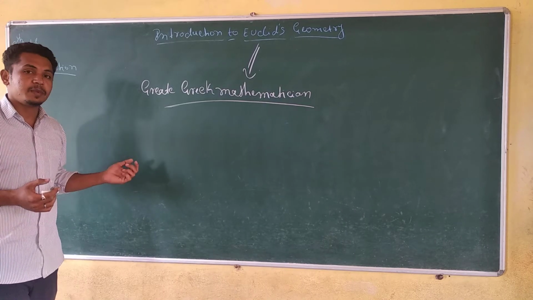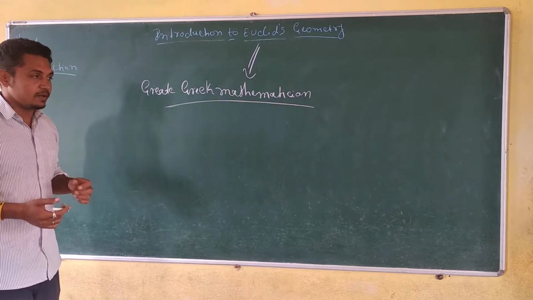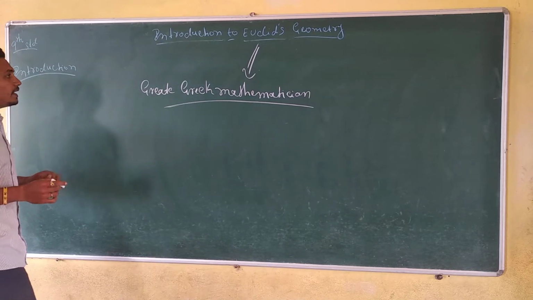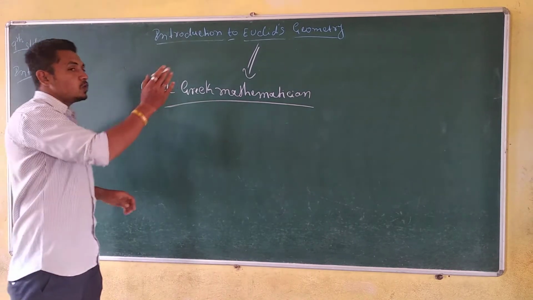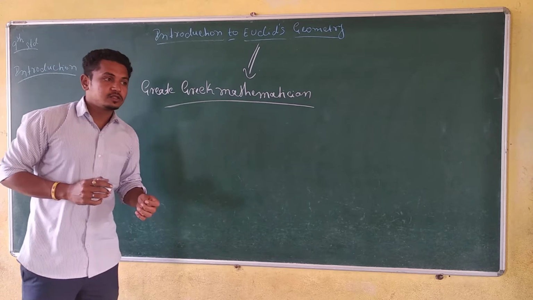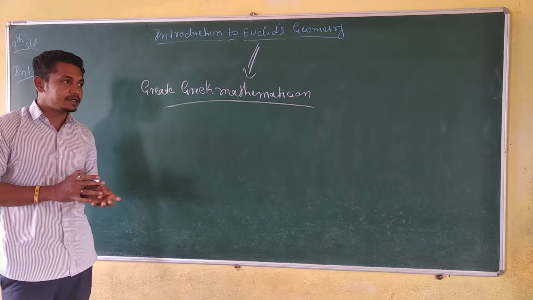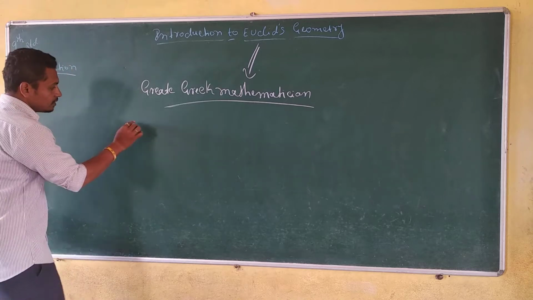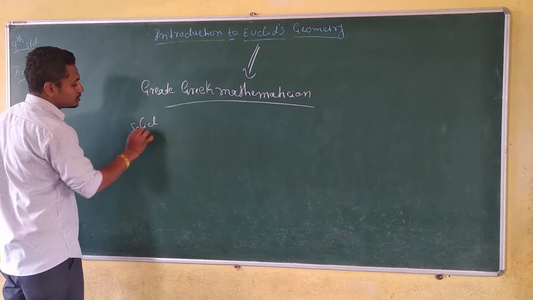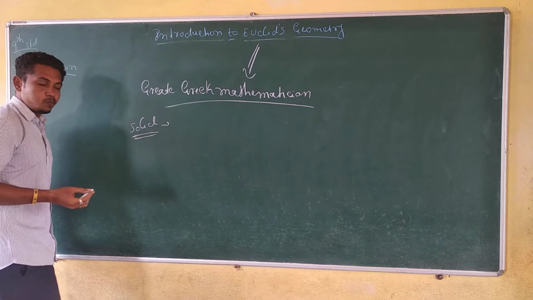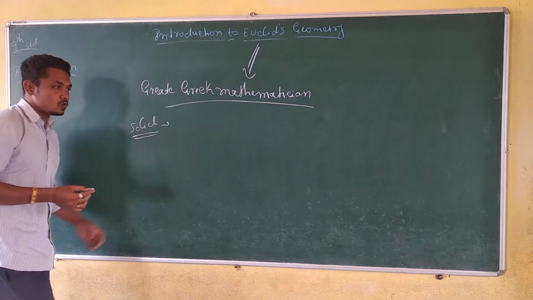Which part of mathematics? Geometric mathematics. And next, he introduced some approaches, like solids and points. In solids, he gave 3 points here, okay, and so on.